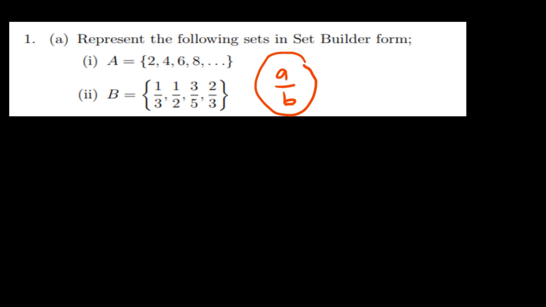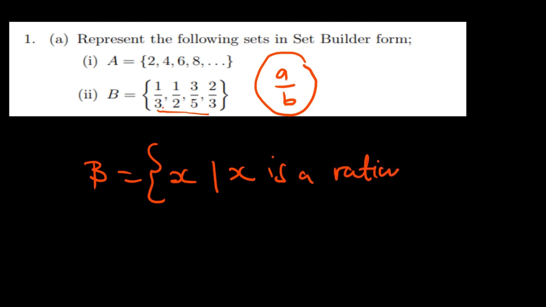So when we go to this set here, if we try to find a pattern that they're using from one element to the other, there's no pattern there. So you are just going to say B is a set of all x's such that x is a rational number. But you're not going to end here, because if you say only x is a rational number, it means the whole set of rational numbers.